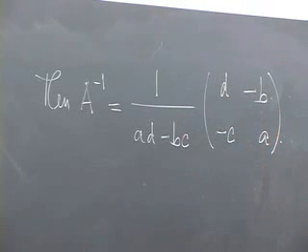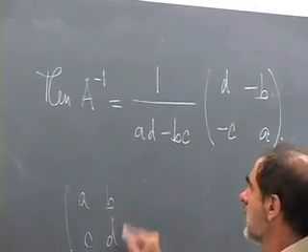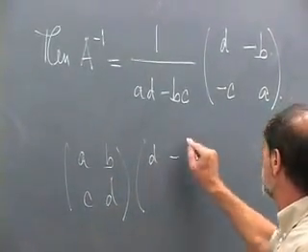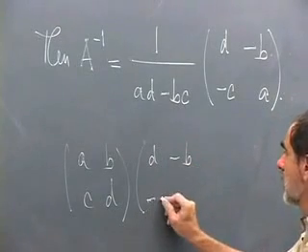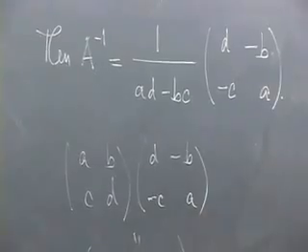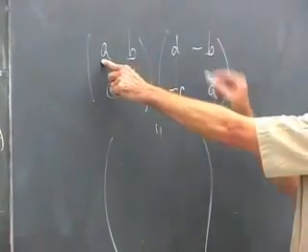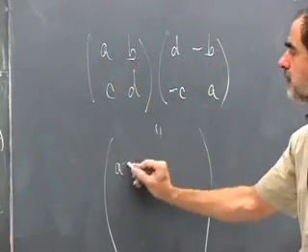So we can check that. We ought to do at least one matrix multiplication in class to see that I can do it. So let's multiply the matrix A, B, C, D by the matrix D, minus B, minus C, and A. Okay, the entry here, I go across this row and down this column, I get AD minus BC.